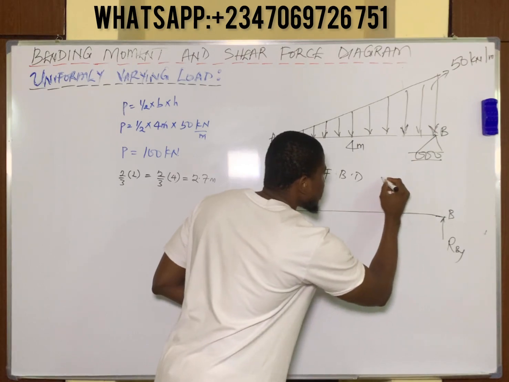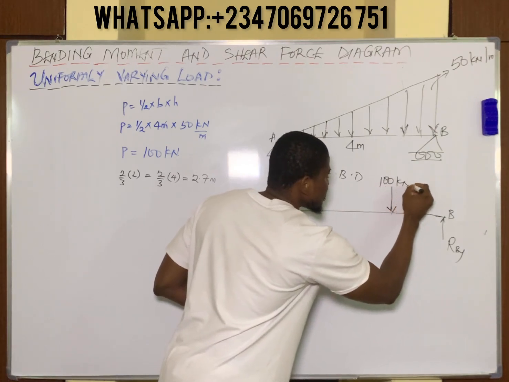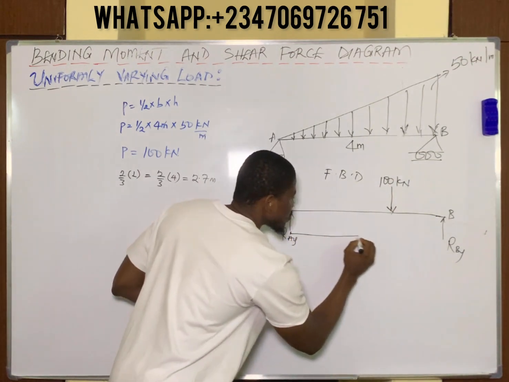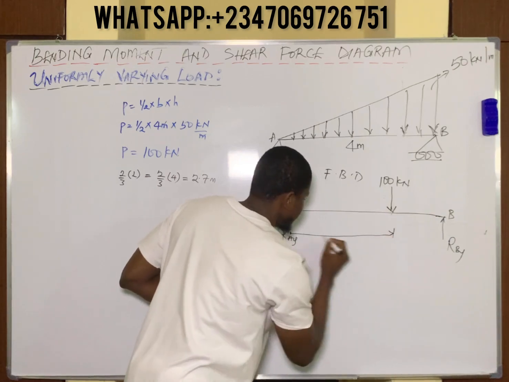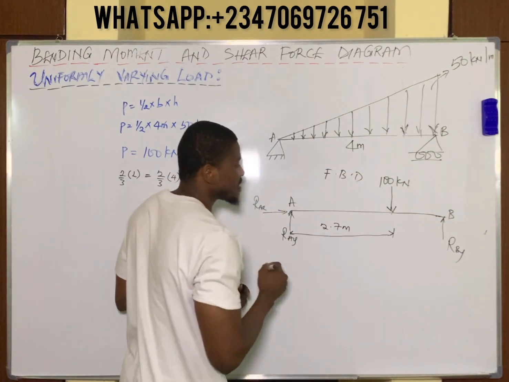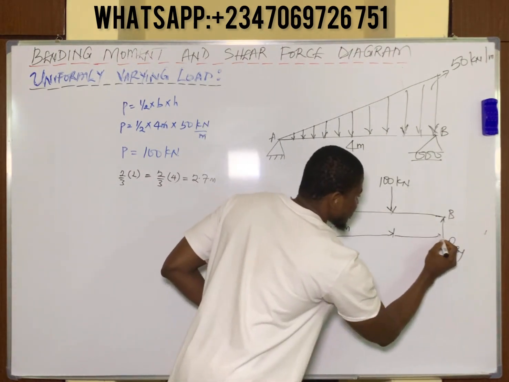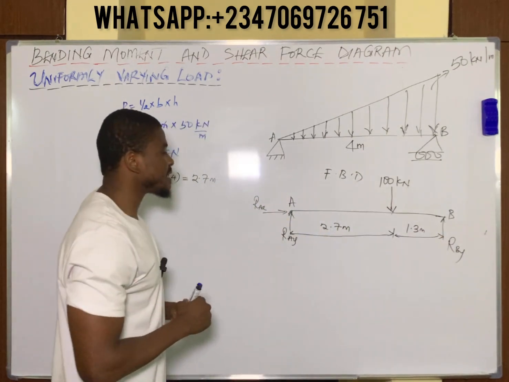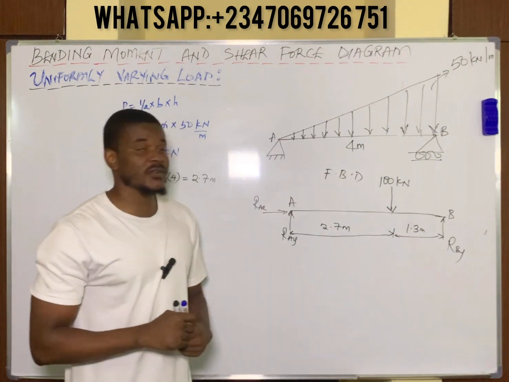This is the value, 100 kilonewtons. And the distance from point A to this point where the load is found is simply 2.7 meters. This simply means that the remaining distance of this load becomes 1.3 meters. And if you add them up together, you still have the entire length of the beam.